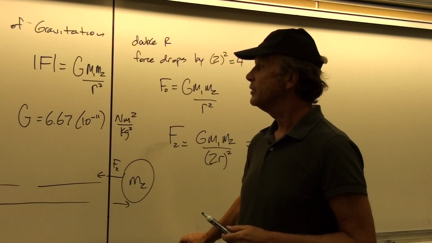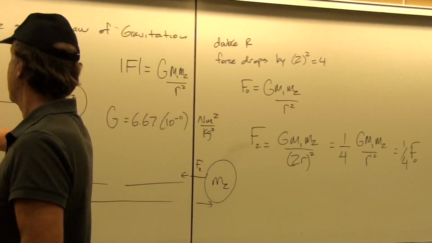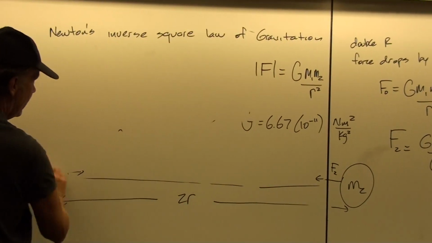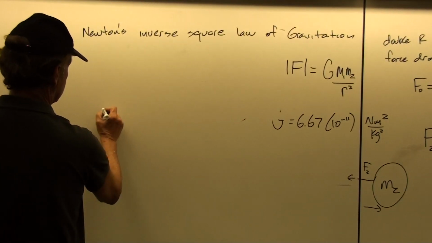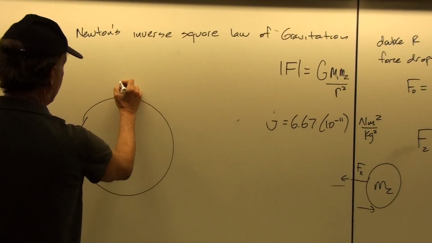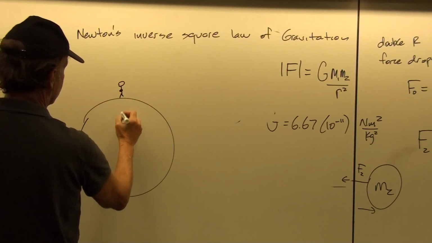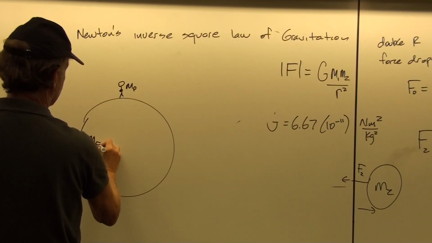Now, one particularly interesting example of this is where one of the masses is the Earth and the other is the center of mass of your body, around the middle of your body. Let's say this is the mass of the person, this is the mass of the Earth.